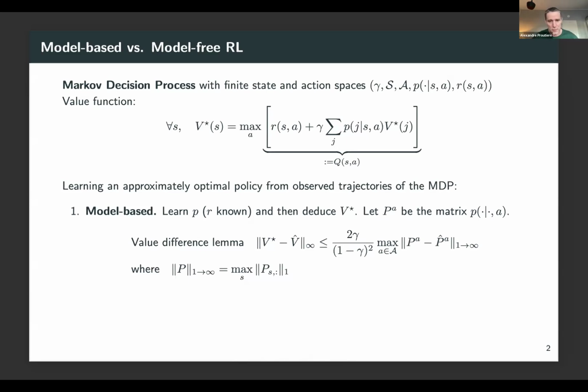It is essentially the max over all rows of this matrix of the total variation of the corresponding distribution over states.